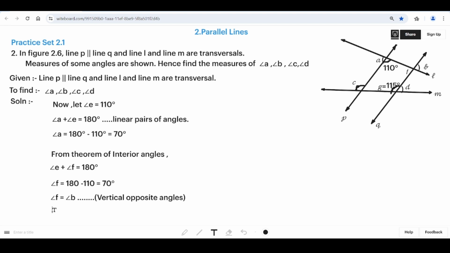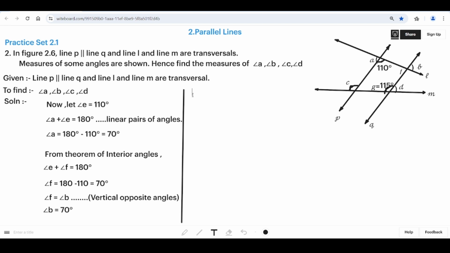So we can say that angle B is also equal to 70 degrees. Now angle G and angle C are both corresponding angles of lines P and Q, where the transversal is M. So we can say that angle C is equal to angle G, from the corresponding angles theorem.